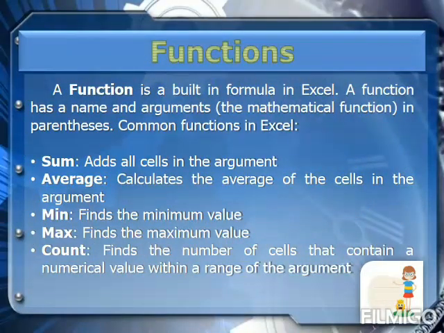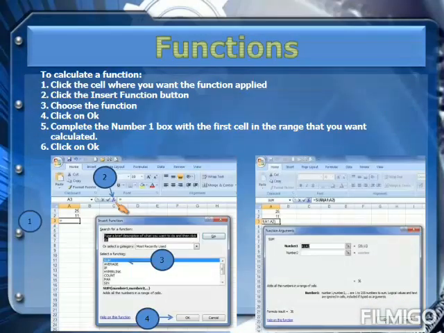Here you can see the basic functions that we use in our daily routine, like sum to calculate the sum, average to calculate the average, minimum to find the minimum value, maximum to find the maximum value, count to count the total numbers in the range or in a column.